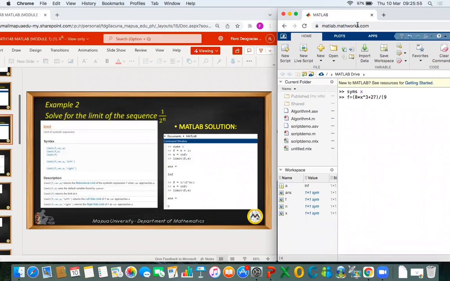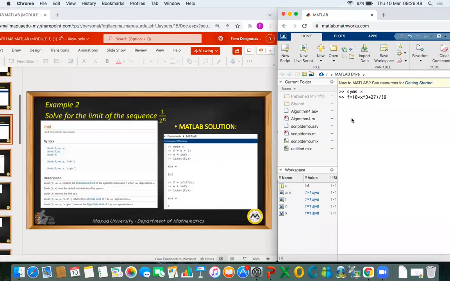Wait, class. Okay, let's continue, class. So suppose this is 9 times, okay, so 9 asterisk, let's have the same exponent, class, then minus 27.